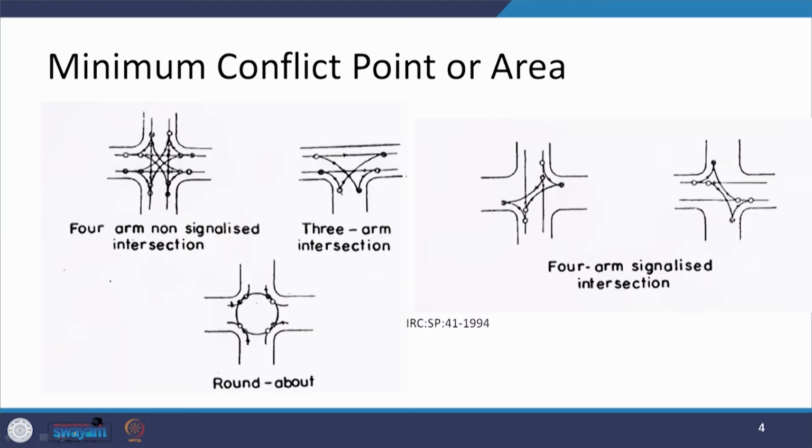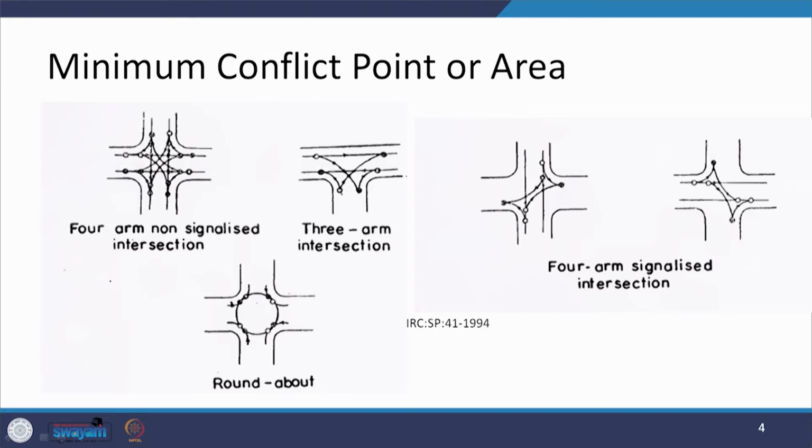Now, we have been talking about the conflict point and area, and I am taking forward from that particular interaction of the previous lecture, where what you can see here is that different types of forms have been shown, and these different types of forms are trying to reduce the different conflicts which can be there at that intersection.